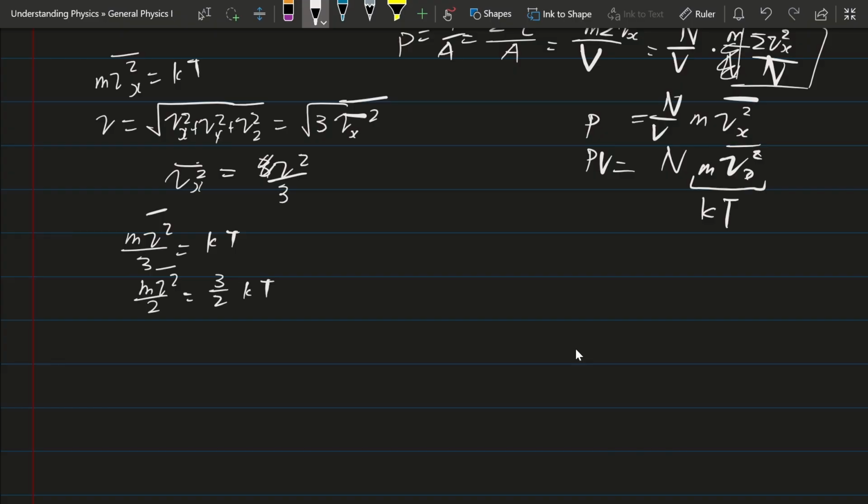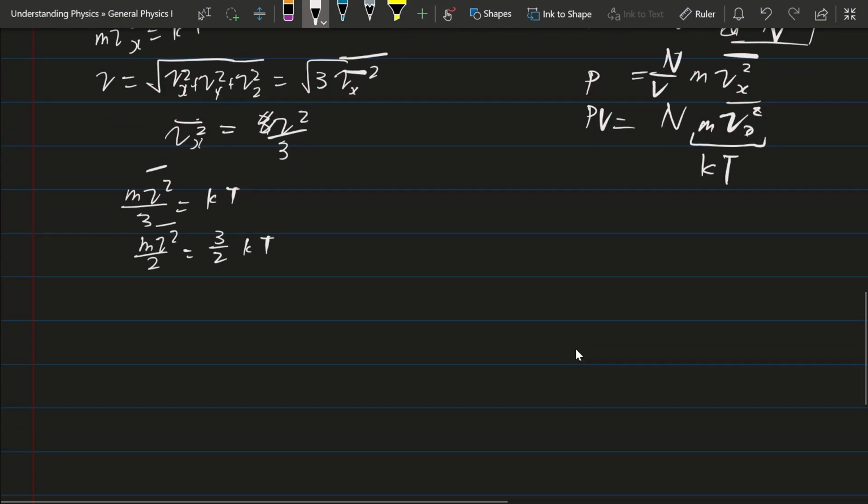It is the average kinetic energy associated with random translational motion of molecules. And so with this, we could also determine the velocity of each of these particles on average, which is v equals the square root of 3 kT over m, sometimes called the thermal velocity, VTH.